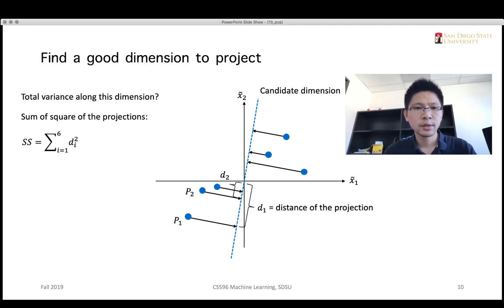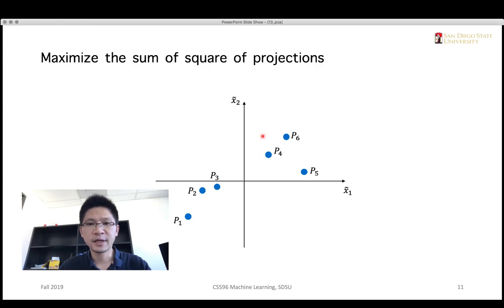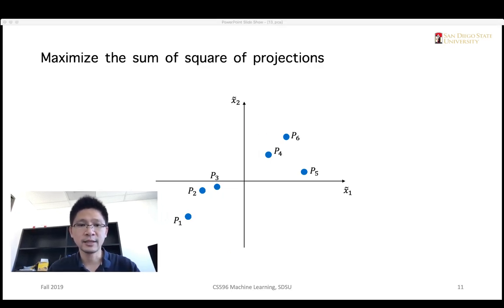In other words, what we want to do is to maximize this total sum of squares, because we want to find a candidate dimension that has as much total variance as possible. Therefore, we want to find a candidate dimension that maximizes this quantity. So in theory, we have an infinite number of choices in terms of which candidate dimension to project those normalized data points onto.